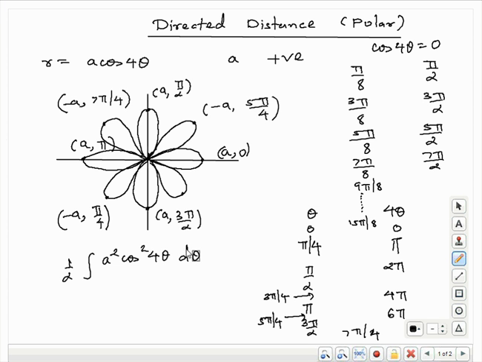Can you tell me what should be the limits? From where to where? I can see a few answers. There can be different answers because somebody may consider one loop, somebody may consider another loop. So there may be various answers.